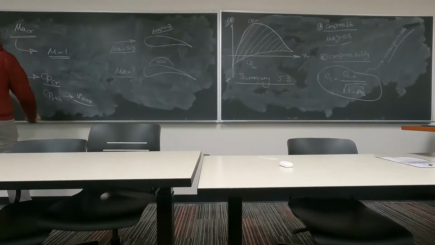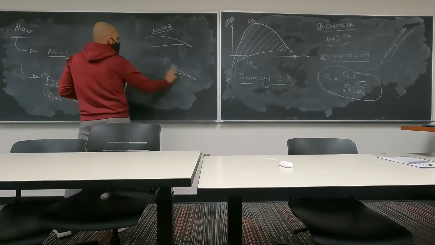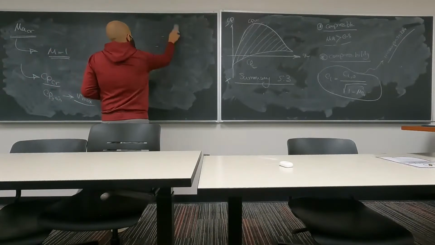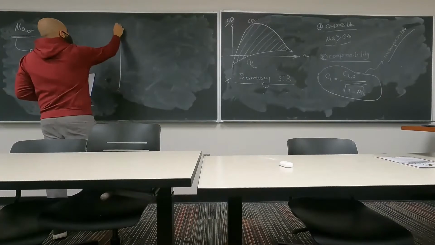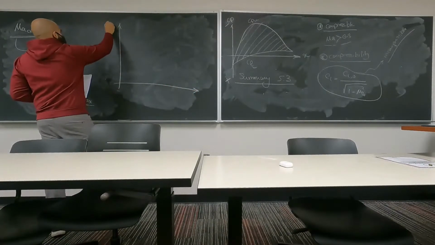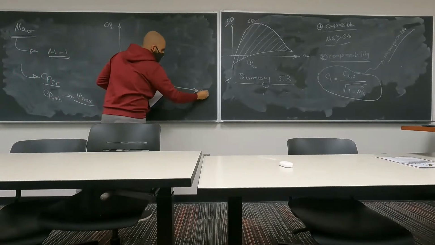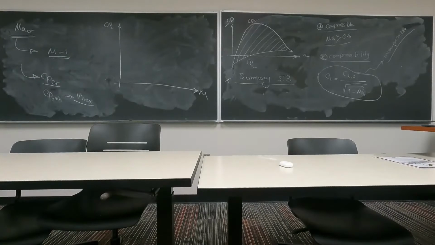Okay, so how should we find this critical Mach number and critical pressure coefficient? Let's actually have a figure with Cp versus Mach number. How would you think the pressure coefficient changes?